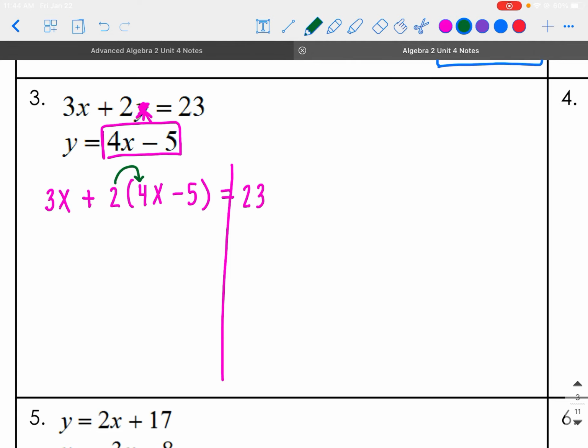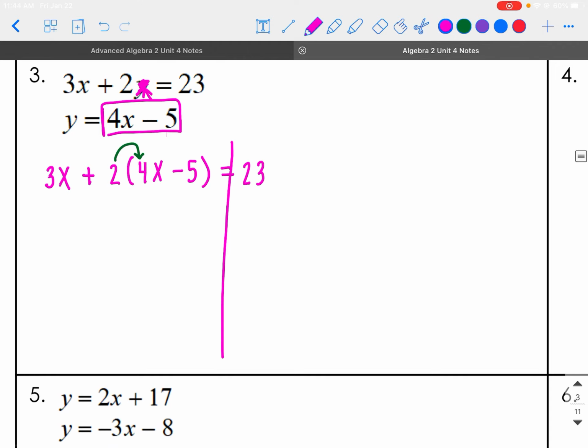First thing I need to do is distribute. So we have 3x plus 8x. And then also distribute to the negative 5. So that becomes minus 10 equals 23.